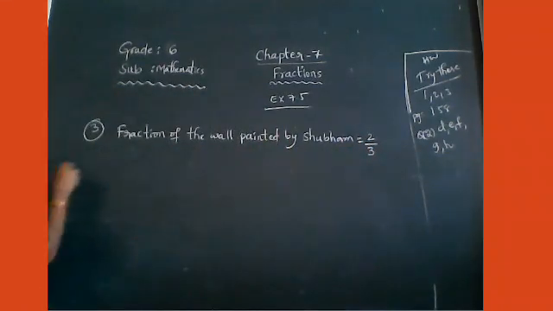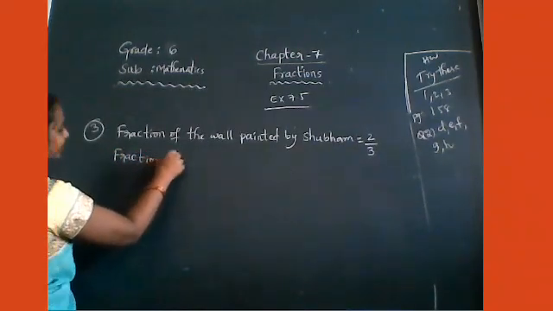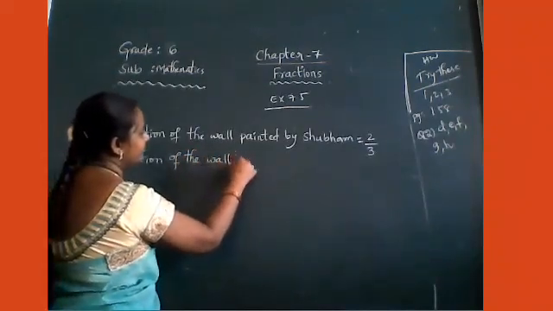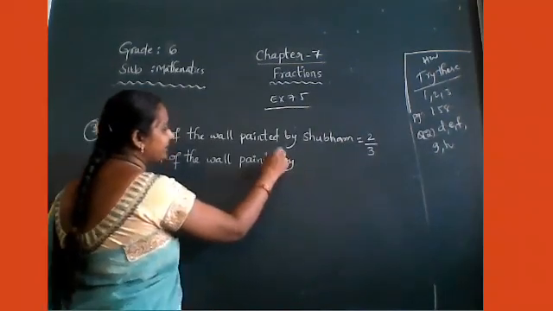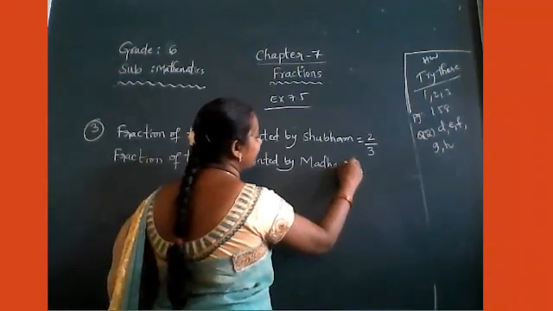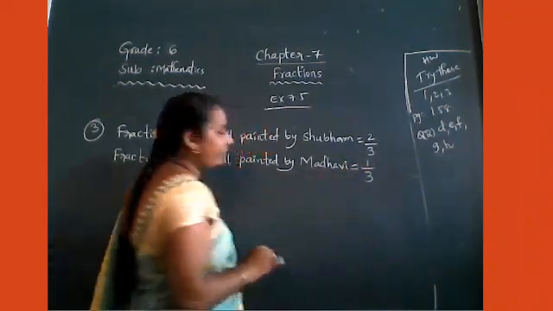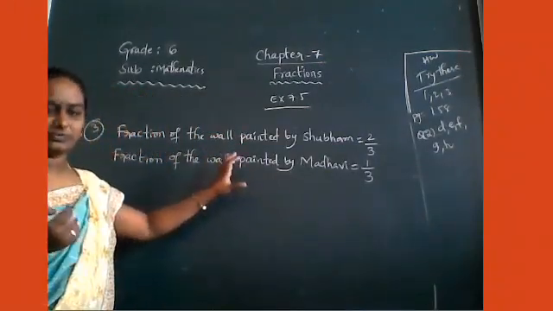Next, the fraction of the wall painted by his sister Madhavi. Madhavi painted how much part? 1 by 3. Now we have to find how much wall both of them painted.